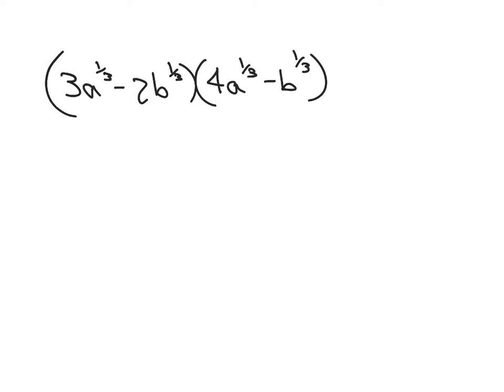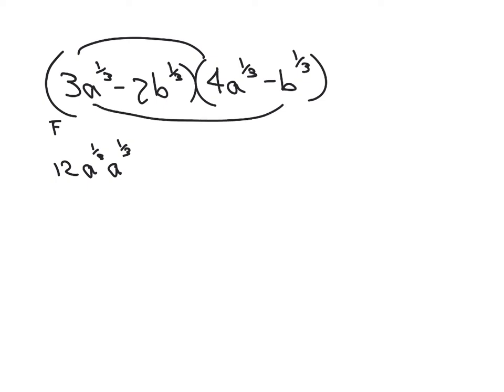So let's try another one using the FOIL method. So first, we're going to multiply these two, so 3 times 4 is 12, a to the 1/3, a to the 1/3. And then we're going to do the outside, negative 3a to the 1/3 b.